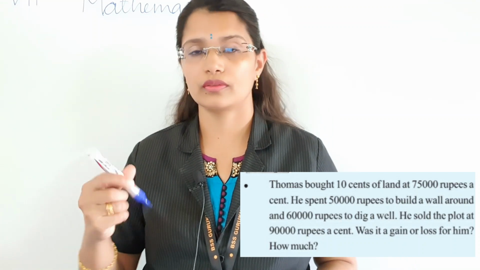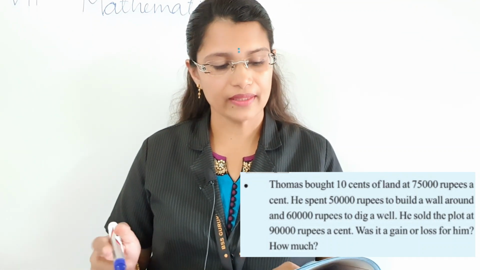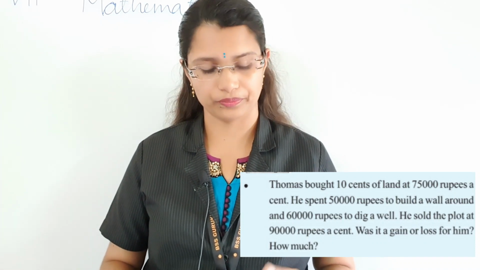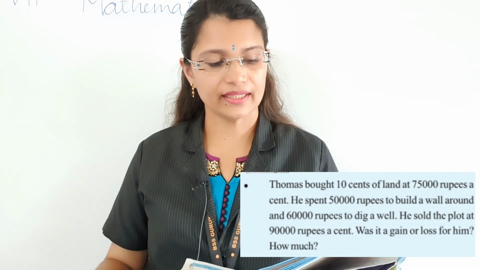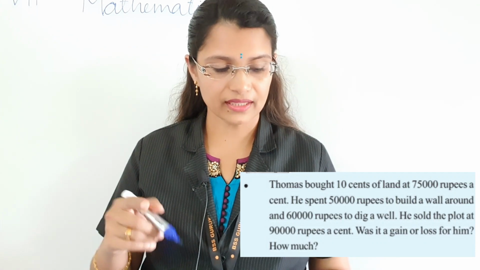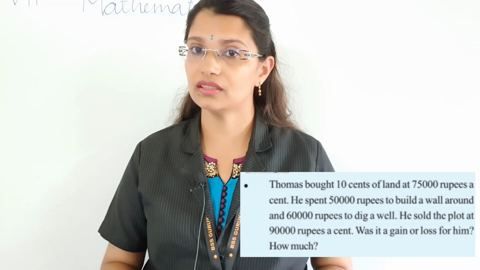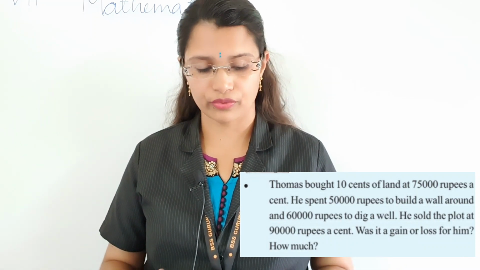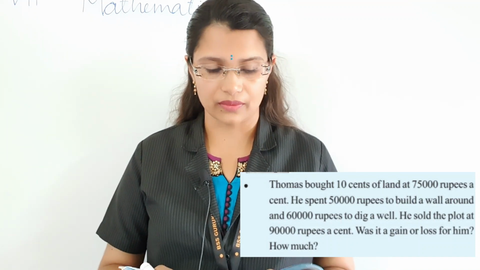That means for the compound wall, he spent 50,000 rupees, and 60,000 rupees to dig a well. He sold the plot at 90,000 rupees a cent. For 1 cent, he sold the plot at 90,000 rupees. Was it a gain or loss for him? How much? This is the question.